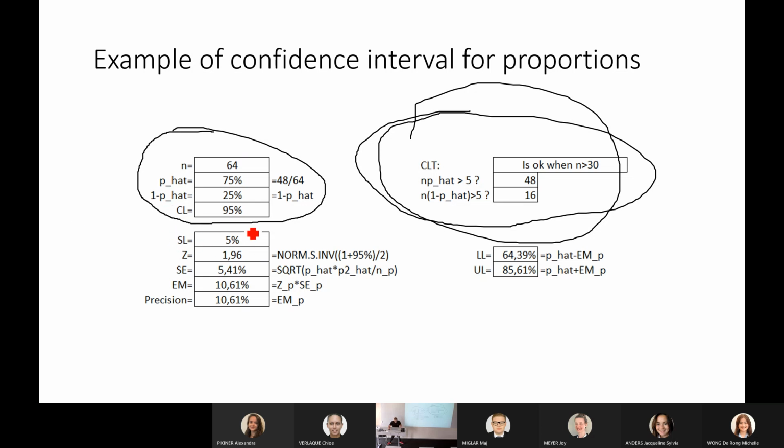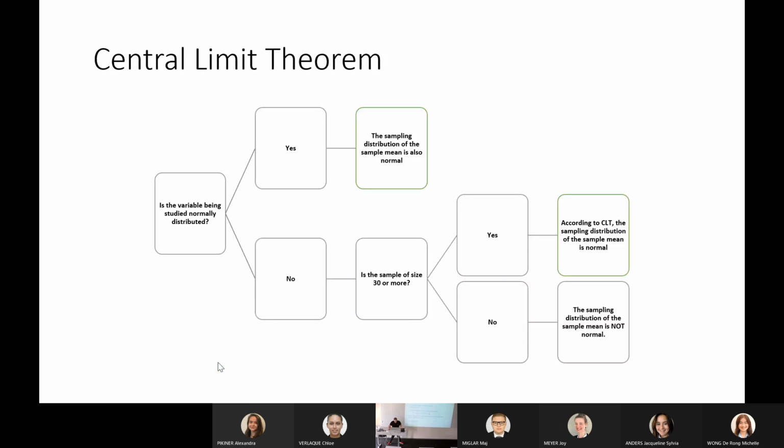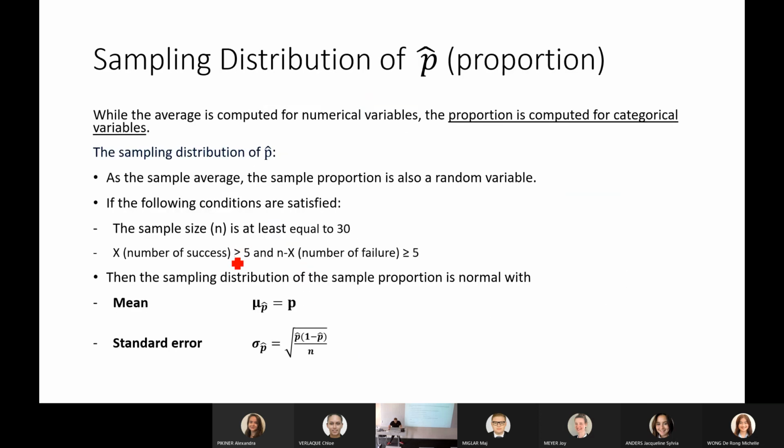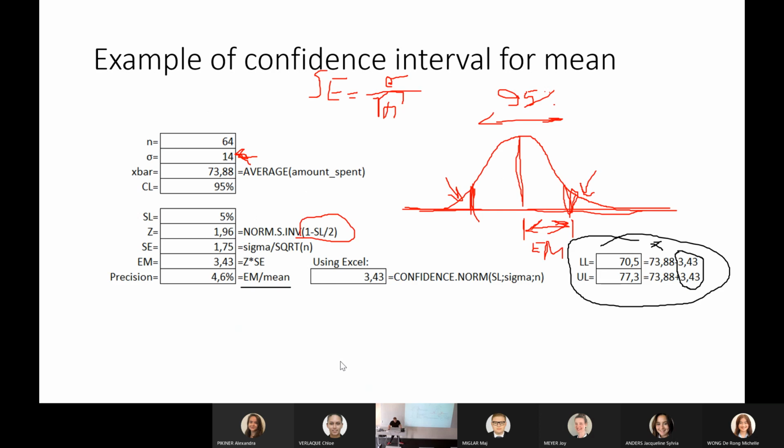Standard error is nothing more scary than the formula we saw at the beginning. If you still remember, this is the standard error of the population: square root of p times 1 minus p divided by the sample size.